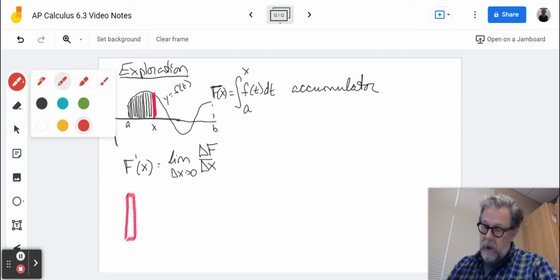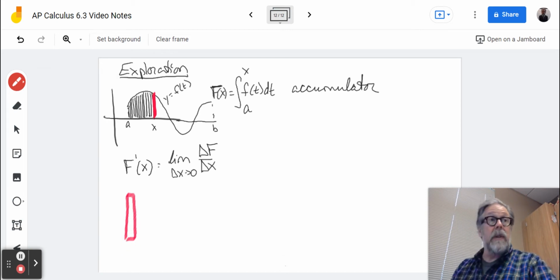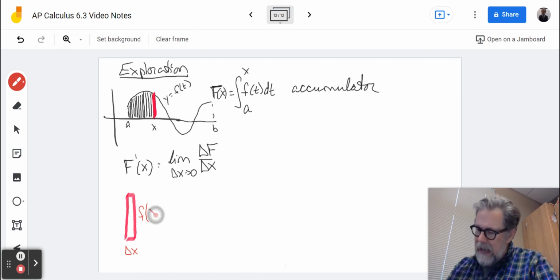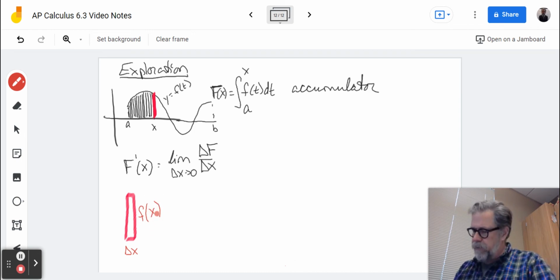And if I sketch out this rectangle down here, I actually prefer a thinner pen, I know that the width of this rectangle is delta x. And I know that the height of this rectangle is f of something in the middle of my function. So we'll say f of x. Remember that x was right here, and this is x plus delta x right here.